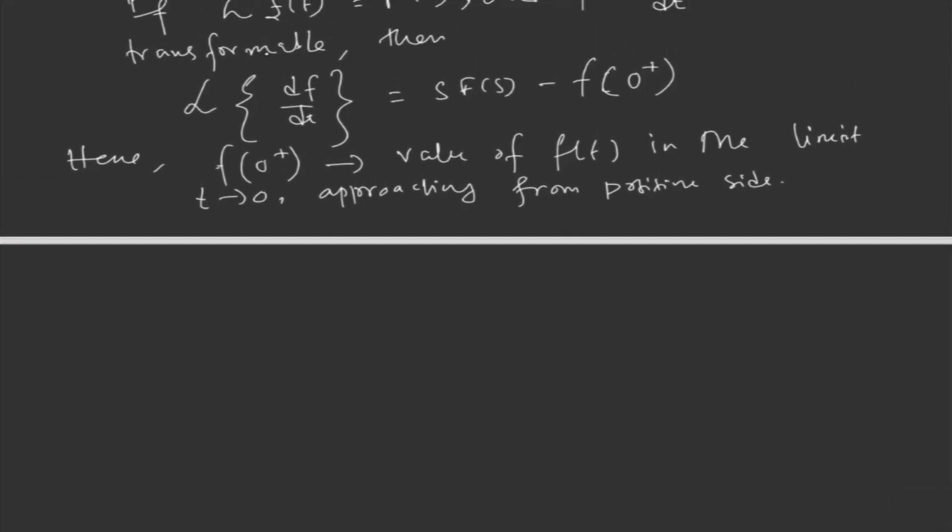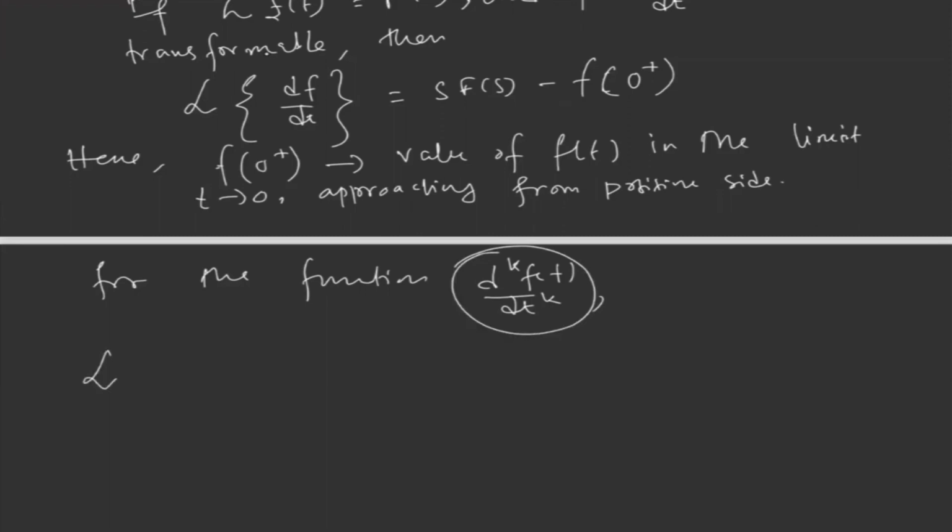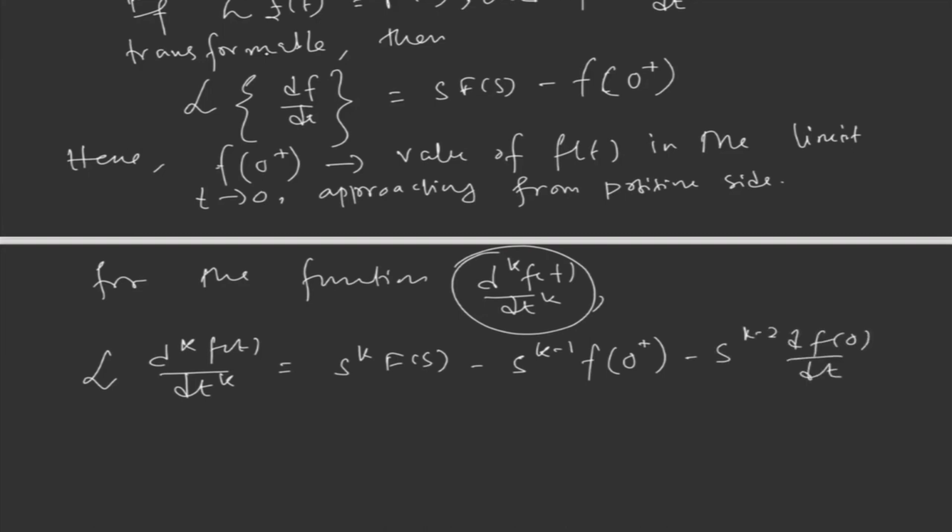If you take the kth derivative, that is, the function d^k f(t)/dt^k, and you want to take its Laplace transform, we can write it as s^k F(s) minus s^(k minus 1) f(0 plus) minus s^(k minus 2) df(0 plus)/dt, and so on, up to minus d^(k minus 1) f(0 plus)/dt^(k minus 1).